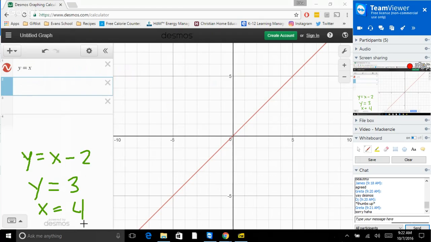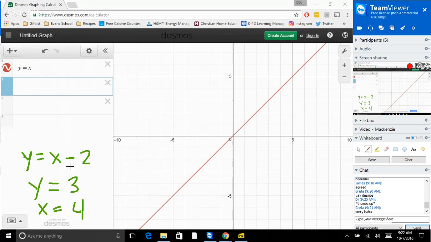So we want to graph those 3 and see what they look like. Before we even graph y equals x minus 2, you can quiz yourself: do I think I know what this is going to look like? I know y equals x looks like this, right? And I have y equals x, but minus 2. So where do I think this graph's going to be?